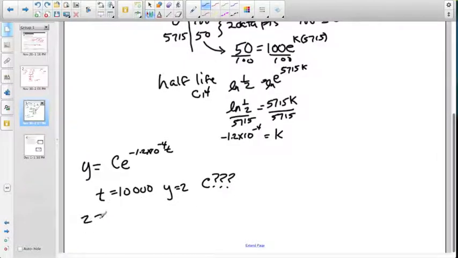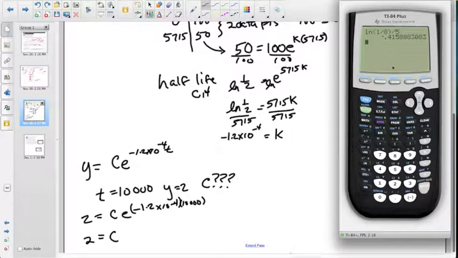So when we plug in 2 and solve for that initial condition, then we can go ahead and solve this. And this isn't too bad mathematically with a calculator. So e to the product of negative 1.2 times 10 to the negative 4 times 10,000.